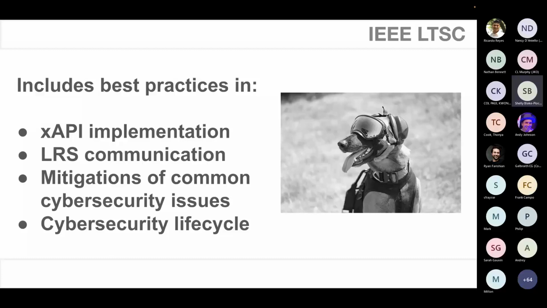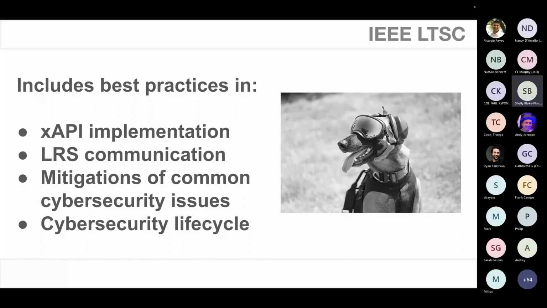And that data then is validated by and collected in a learning record store. The learning record store itself has communication with the learning record provider and also with other learning record stores and consumers of the data from learning record stores.